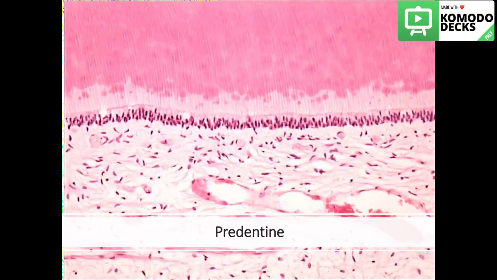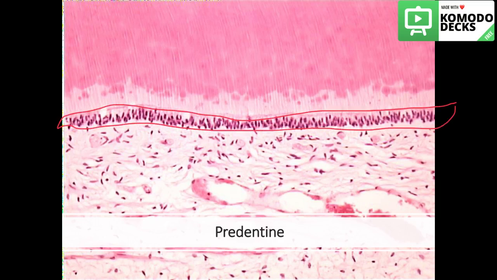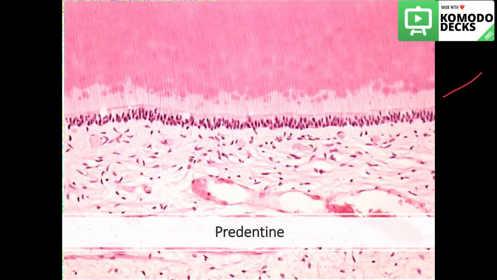At the other end, near the pulp, we find another kind of dentine that we call predentine. So this is the layer of odontoblasts that lies in the pulp tissue. They are the cells responsible for secreting dentine. The first layer of dentine, which is 10 to 40 micrometers in width, is called predentine.